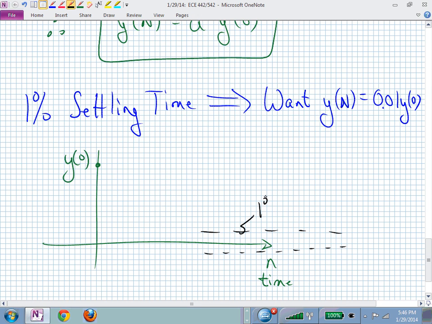This is now 1% of our initial condition, and this would be minus 0.01 below that if we had some ringing going on. In a first order system, we're not going to get ringing, but we could define the settling time for a second order, and it might ring. We want to know, if it's ringing, when does it first get inside this tube and remain inside that tube?